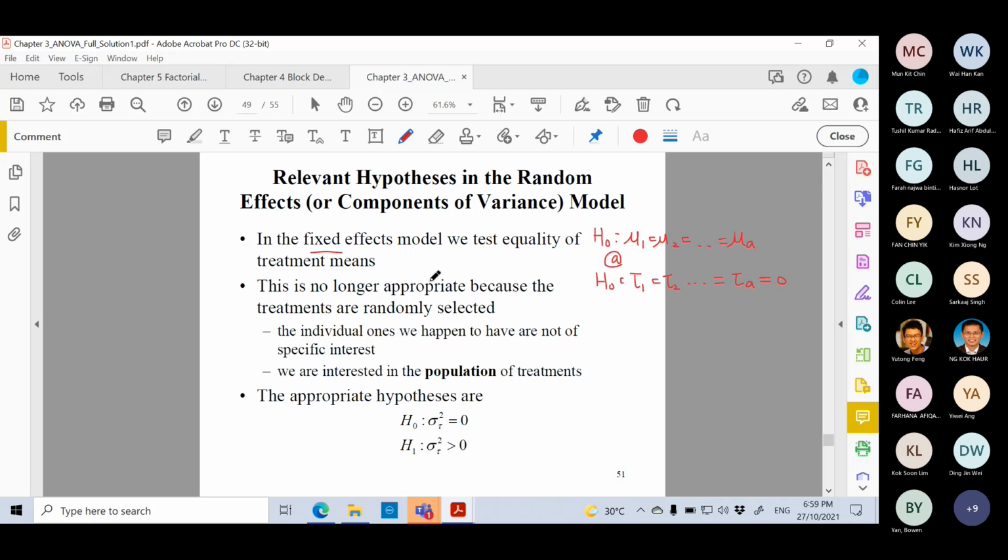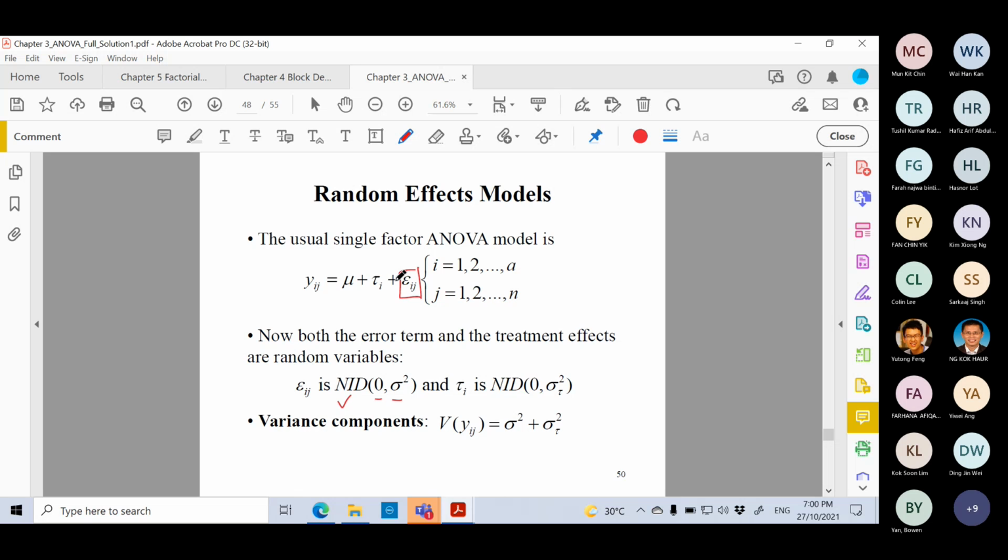But now the effects are no longer fixed, so they are random. Therefore, for our null hypothesis, instead of writing equal means, we write sigma tau square. So under H naught, sigma tau square is equal to 0. The alternative is sigma tau square greater than 0, which means that there is a large variation. So variance equal to 0 is what it means here. Recall the model: the randomness comes from here, and this one is random from the error.